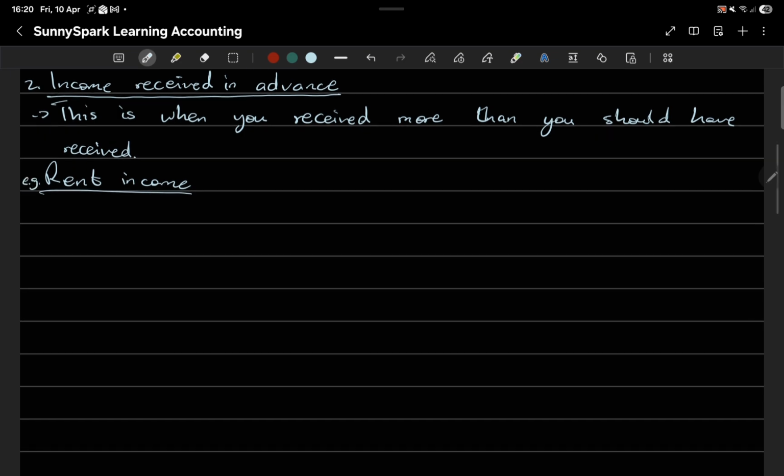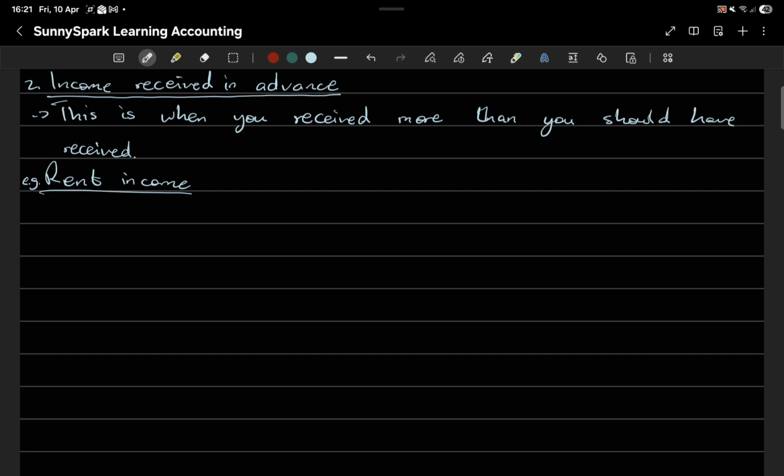Let's say you have a business, and in your premises you have an extra space which you do not use.